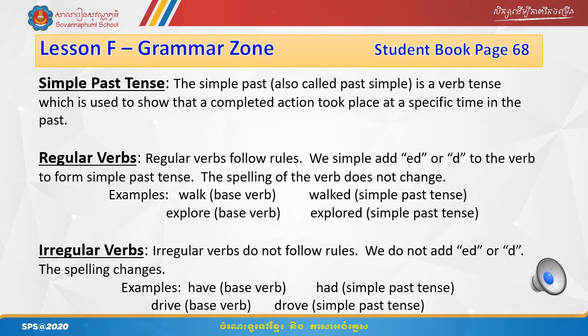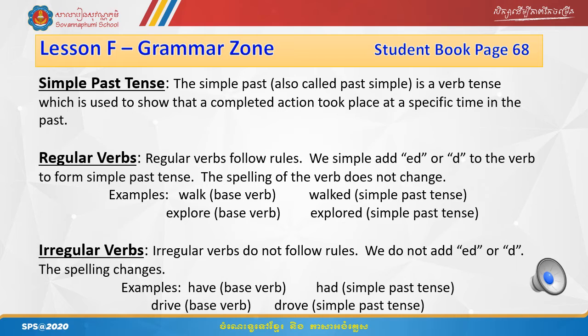Examples: walk, base verb, walked, W-A-L-K-E-D, simple past tense. Explore, base verb, explored, E-X-P-L-O-R-E-D, simple past tense. Irregular verbs do not follow rules. We do not add ed or d.